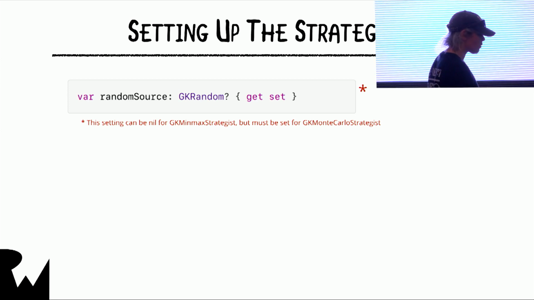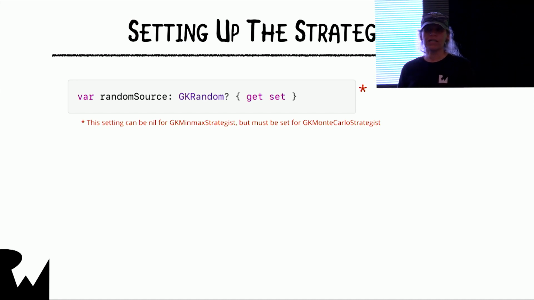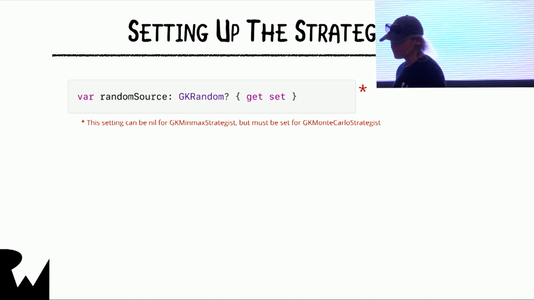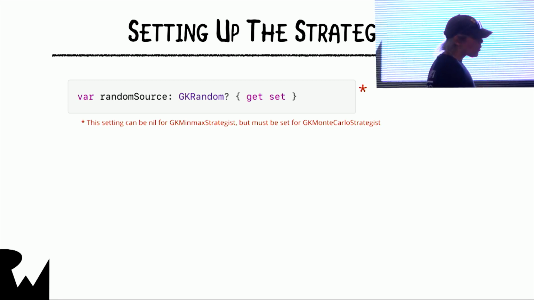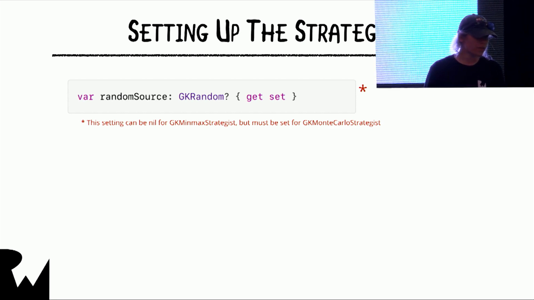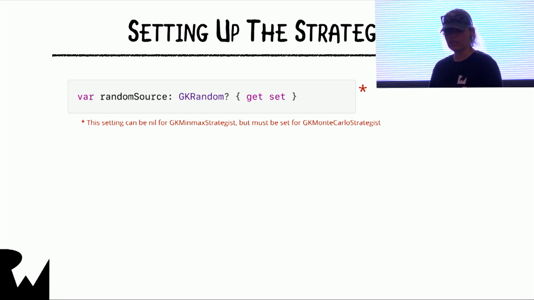We need to create a random source. Now, when you create a random source, we're going to use GameplayKit to do that. It has that randomization in there. If you're doing a GK Min Max strategist, you don't have to set a random source. You're encouraged to set a random source, because it allows you to tweak some things.